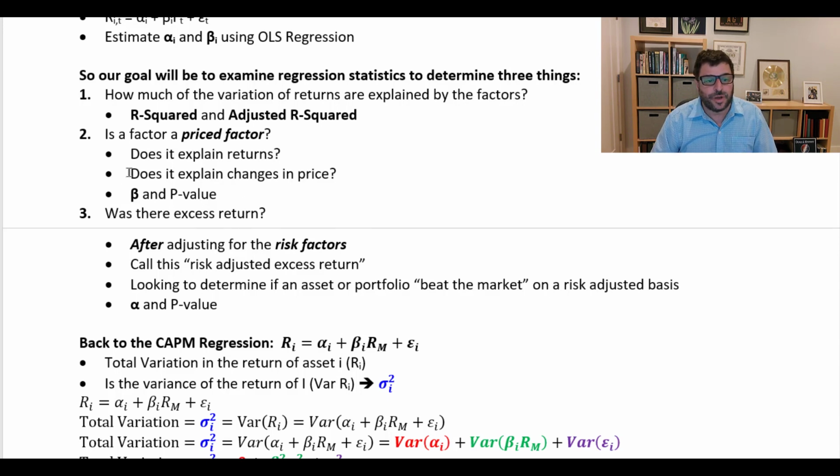And to do that, we'll look at the value of the beta and we'll look at the p-value. And then the last thing we want to look at is, was there actually excess return? Meaning, after adjusting for the risk factor or risk factors, was there extra return? And we call this risk-adjusted excess return. And we're looking to determine if an asset or a portfolio beat the market on a risk-adjusted basis. And to do that, we look at the alpha and the p-value.